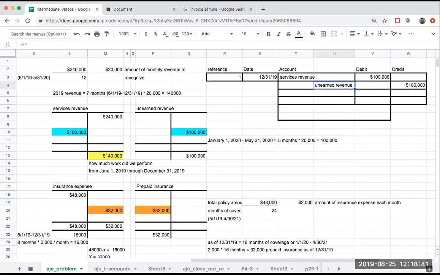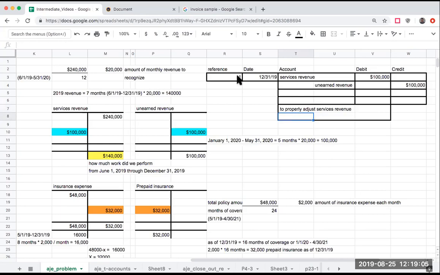So because this credit is indented, meaning it's over here to the right-hand side, the account description also has to be on the right-hand side. So right over here, this will be to properly adjust for services revenue.